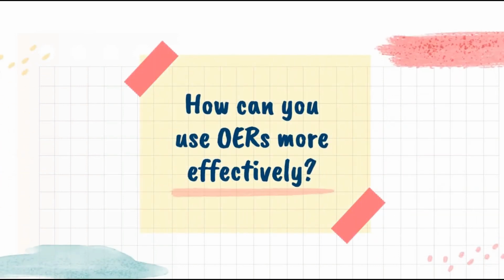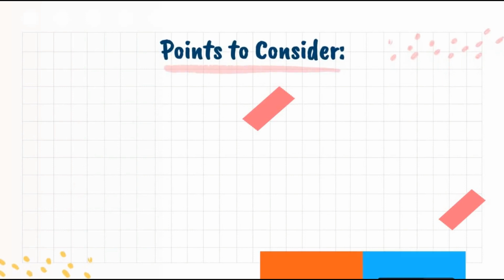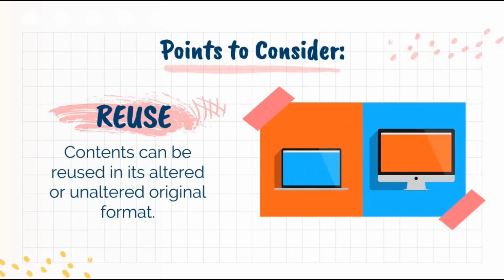How can you use the OERs more effectively? Here are 5 points to consider within the bounds of Creative Commons. First is reuse. Content can be reused in its altered, or unaltered original format.